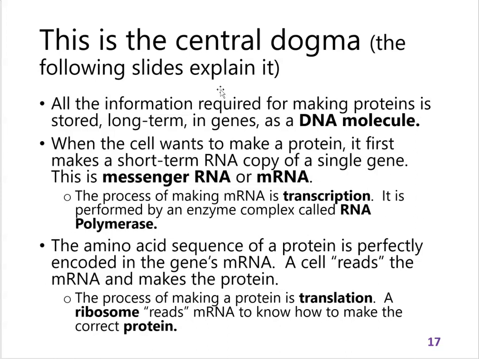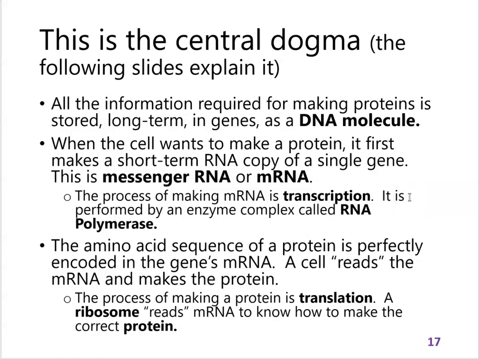It only contains information for making one protein, usually. So that's a messenger RNA. And making messenger RNA is a process of transcription, and it's carried out by RNA polymerase. So if you're with me so far, that is a lot of the central dogma.